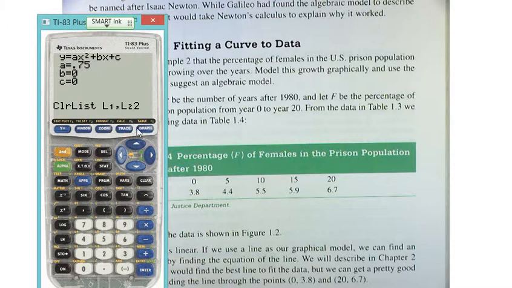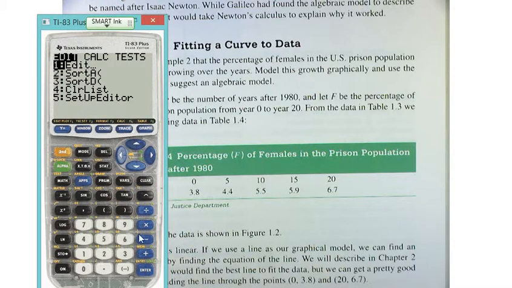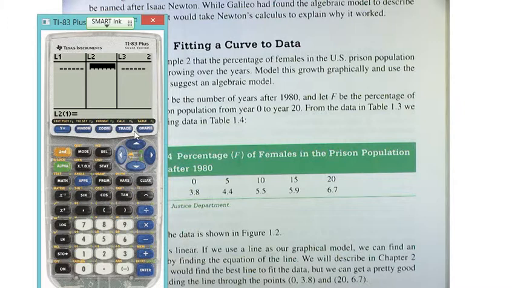I don't know why. There's something goofy with my calculator, so I'll just have to do it manually. Oh, it worked. I don't know. I got to figure out what's wrong with that. So now I'm going to enter in 0 for my first term, 5, 10, 15, and 20.